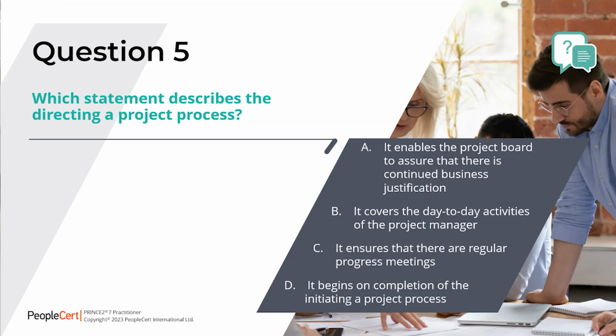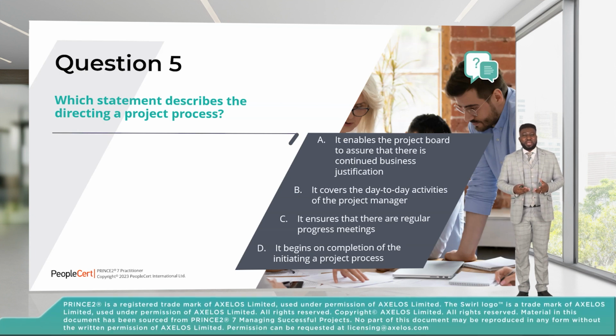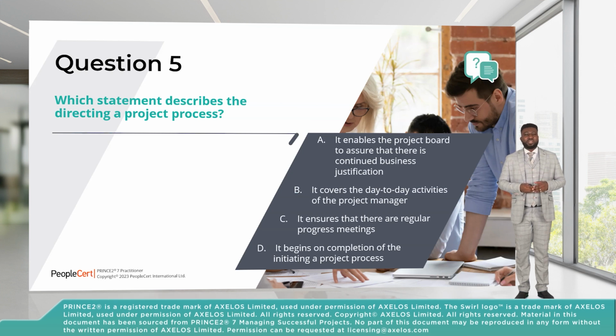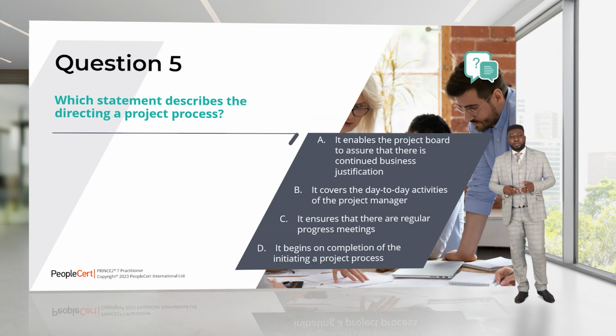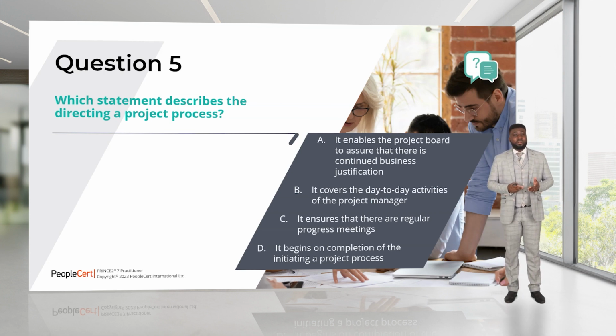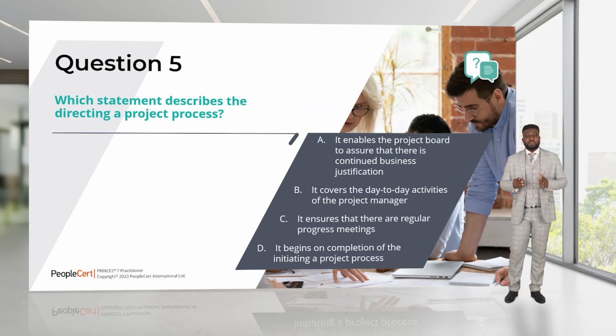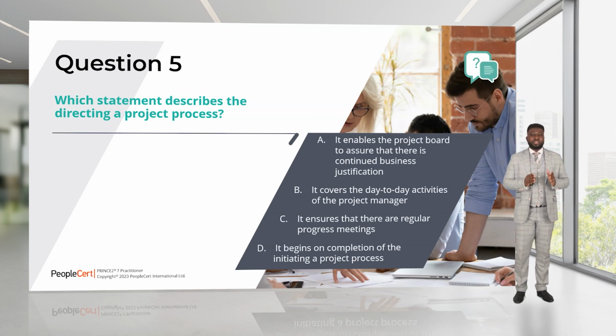C says it ensures that there are regular progress meetings. Well, the aim of the project manager is to make sure that is happening, and the project manager operates in controlling a stage. So that is not where directing a project process is. B says it covers the day-to-day activities of the project manager. Well, that also is controlling a stage, which leads us to A. It says it enables the project board to assure that there is a continued business justification.